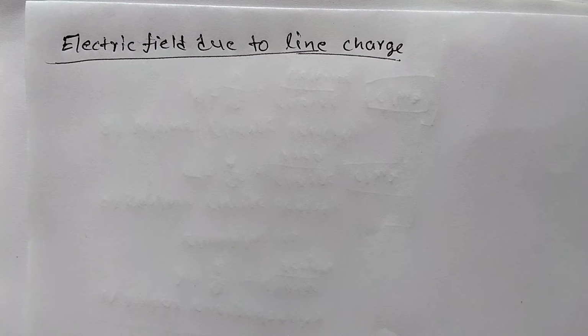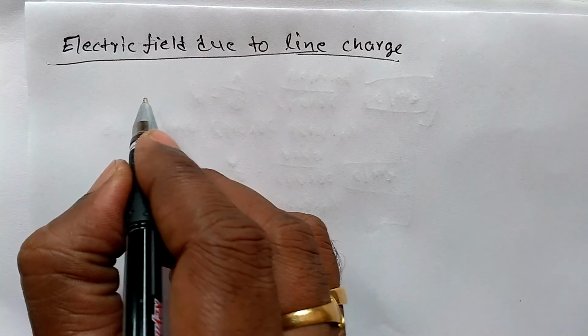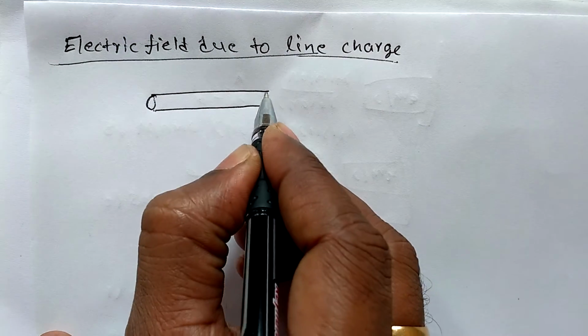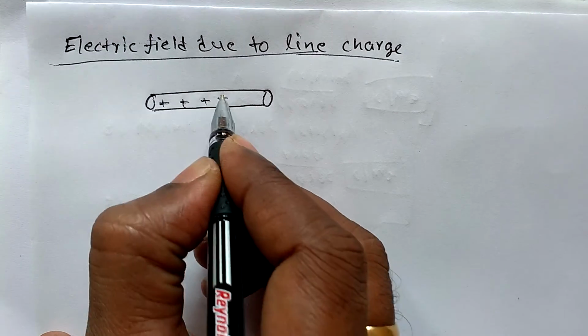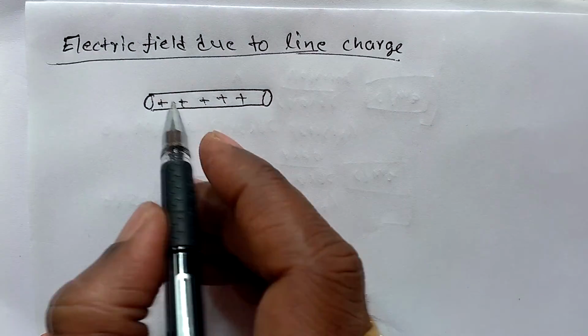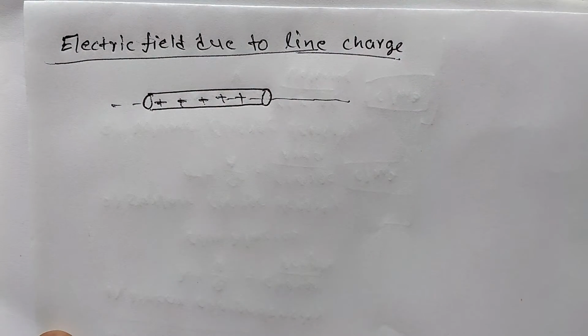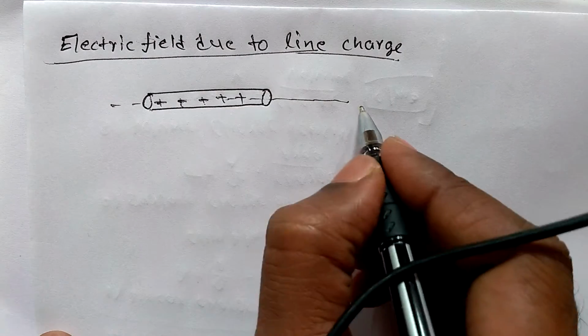First, we are going to study the electric field due to that line charge on the axis of the line charge. For example, consider this is the charged wire, and this is the axis of the charge.